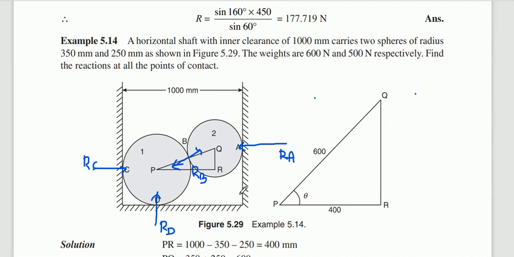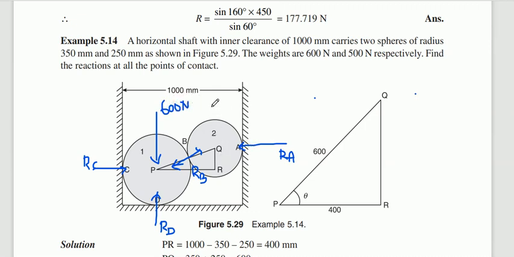Is it clear how I have drawn the contact forces? Yes, ma'am. Okay. So these are all the contact forces acting on the different spheres. Along with that, the weight of the sphere is given. The weight of the first sphere always acts downward, so you consider it as 600 Newton as given in the problem.